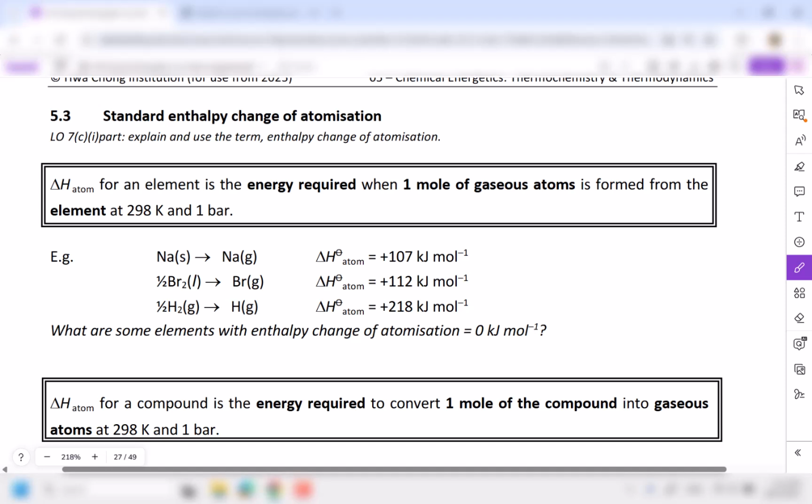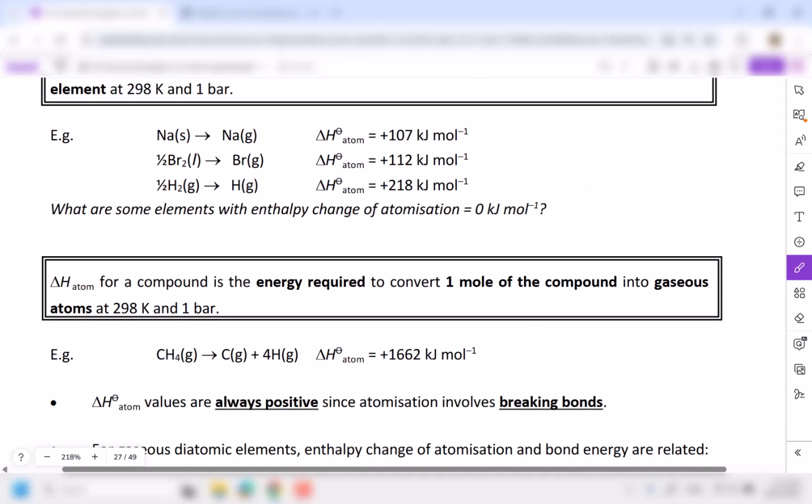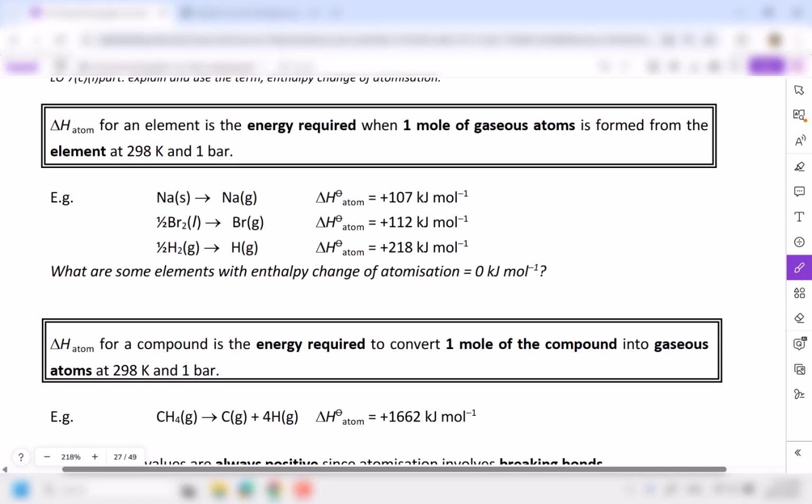Okay, what are some elements with enthalpy change of atomization 0? So that is something for you to think about. Any elements with enthalpy change of atomization 0? Yeah, so there's a difference between element and compound. For a compound, it is the energy required to convert one mole of it into gaseous atoms.